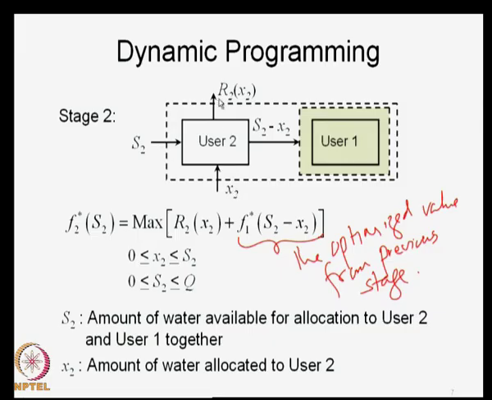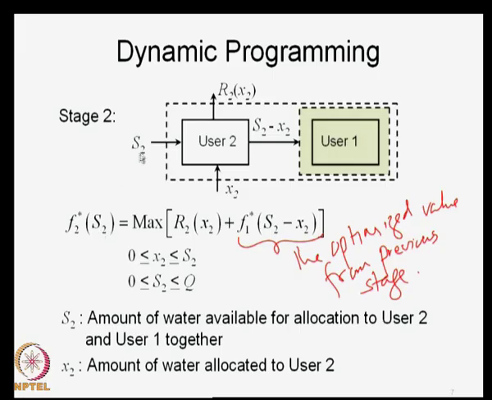We get a return of R2 of x2, and because of this decision, we are left with S2 minus x2 for the next user, and we have already solved in the previous stage what should be the optimal value corresponding to S2 minus x2, and that is what we add here. So, this recursive relationship is in fact a statement of Bellman's principle of optimality.